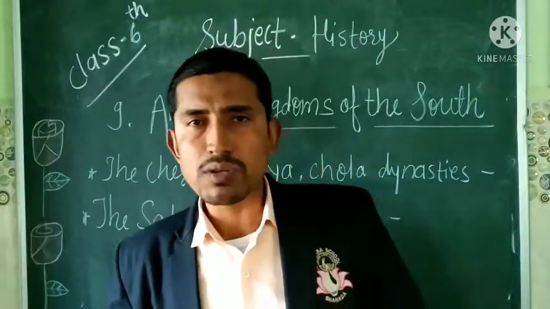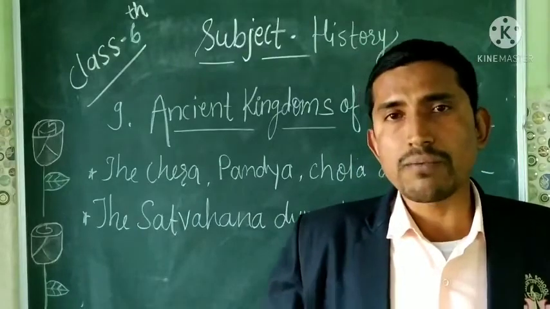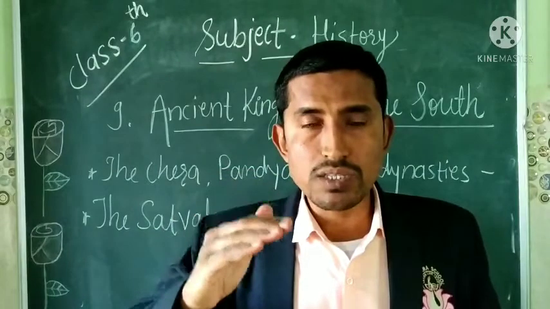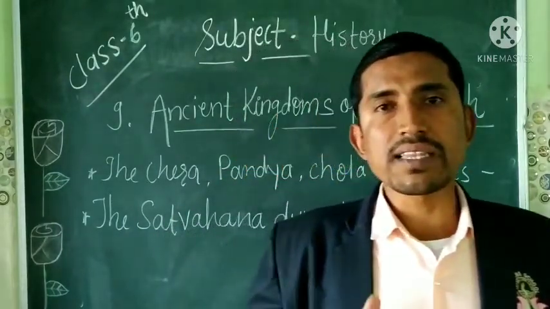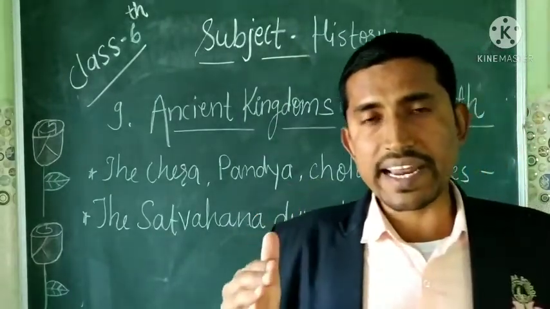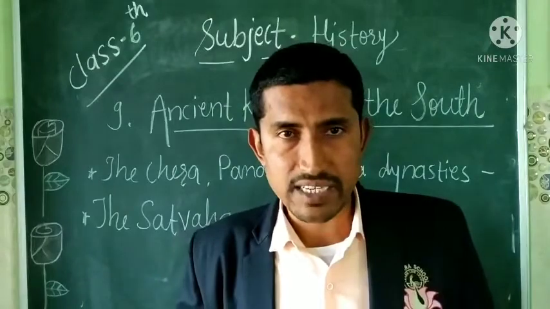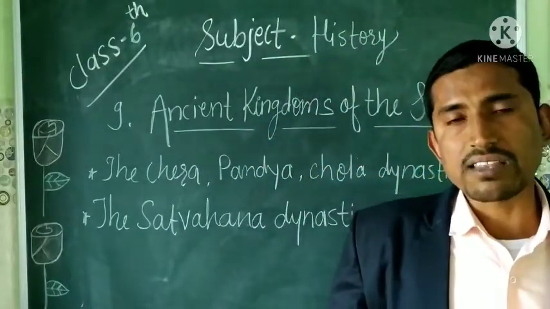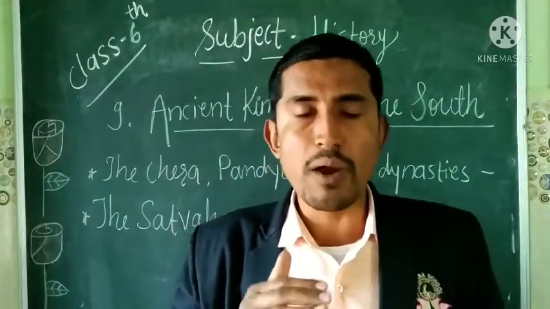During the period of Gautami Putra Satkarni, the Satvahana kingdom spread from north to south, from the Narmada river to the Tungabhadra river. The Narmada river marks the north and the Tungabhadra river marks the south. This we have to keep in mind.